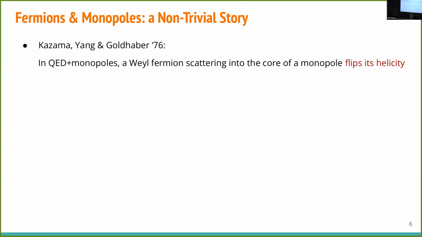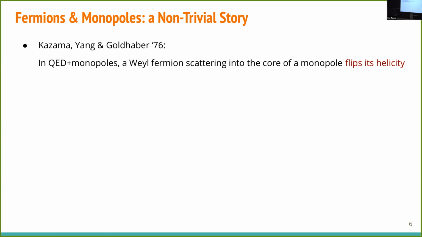Okay, good. So once we set the stage and we state that there might be monopoles in nature, though we can't pinpoint what mass they are and whether they'll be phenomenologically available, we can talk about all kinds of QFT processes that are very counterintuitive that happen when fermions interact with monopoles. And these things happen in the lower energy EFT around the monopole. So for example, Kazama, Yang, and Goldhaber did a very interesting exercise.